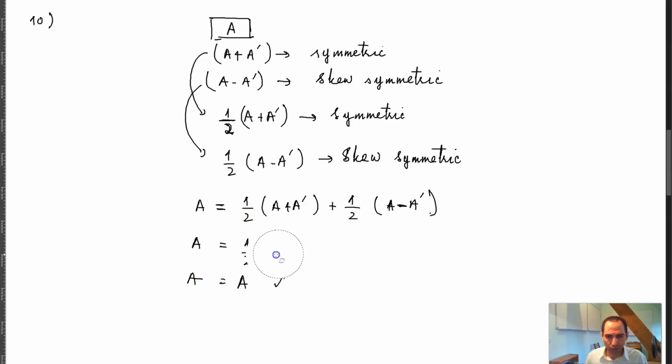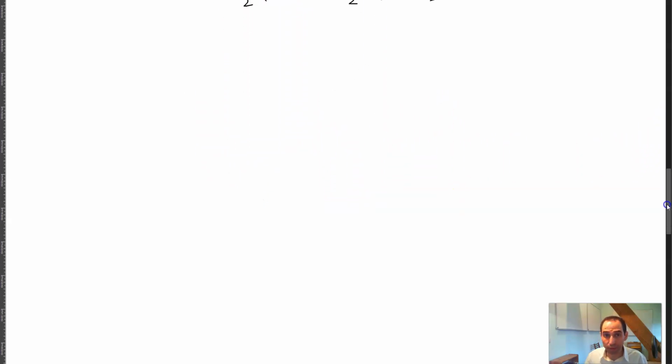So now what I need to do is take my matrix A and calculate A plus A prime, and calculate 1/2 of A plus A prime, and then by the same logic calculate 1/2 of A minus A prime, and then I would have written my matrix A as the sum of a symmetric and a skew-symmetric matrix.